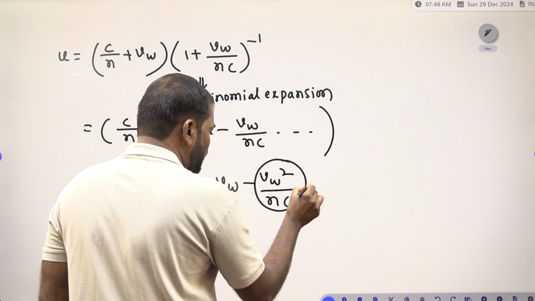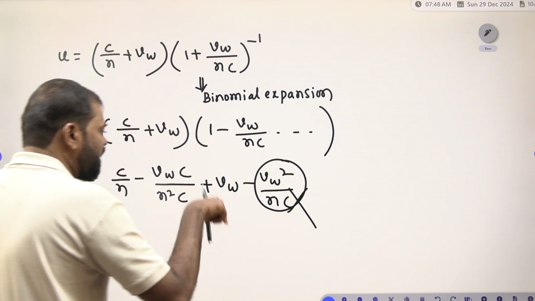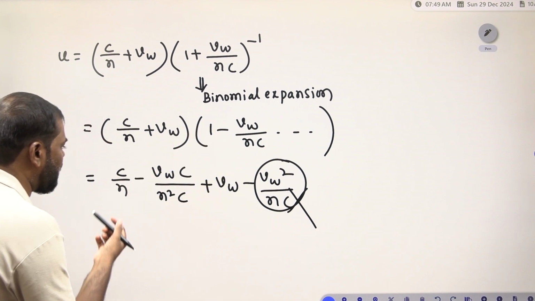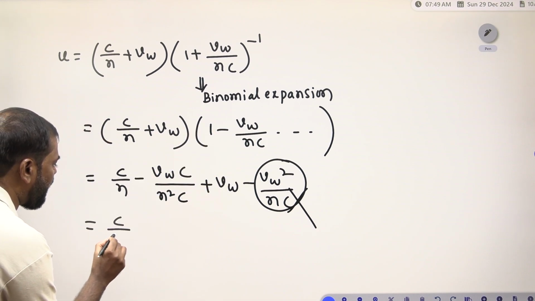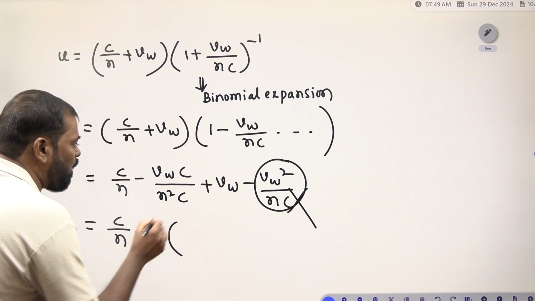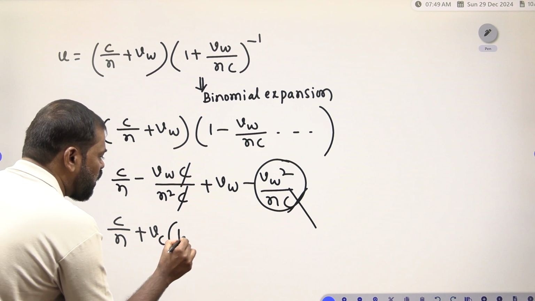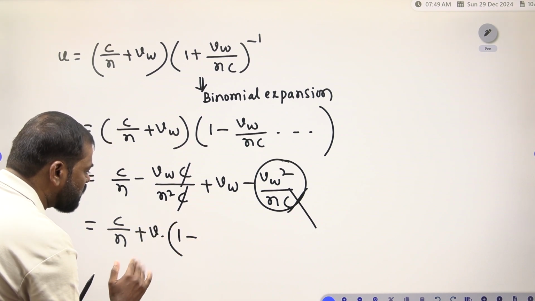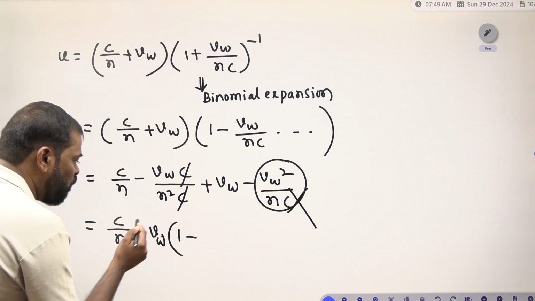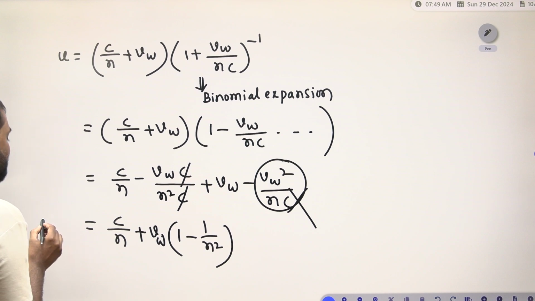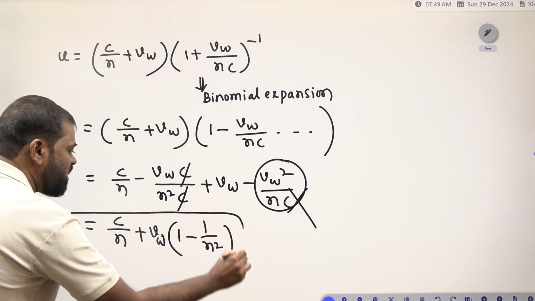This is the higher order term we are neglecting, because vw is very small compared to c. So we write c by n plus vw, how to take the common, c gets cancelled. So 1 minus, vw how to take the common, we are getting vw into 1 minus 1 by n square.